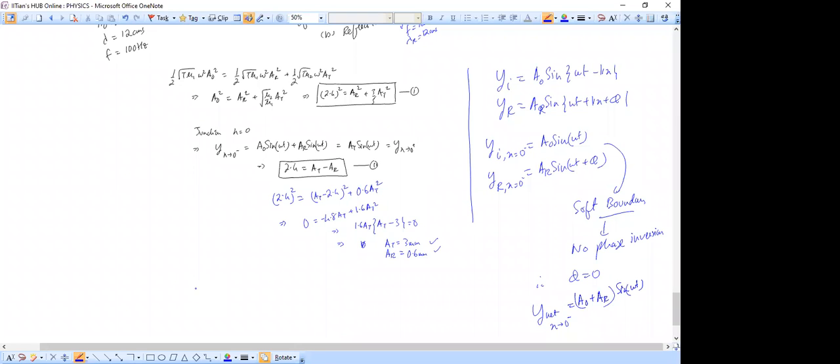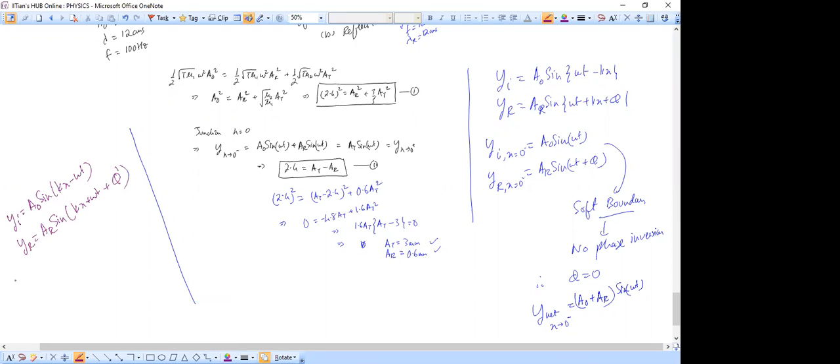Now, if you go by the other equation also, you will come to the same conclusion. If you write your incident wave as A naught sine kx minus omega t, then you have to write your reflected as A R into sine kx plus omega t plus some different phase constant phi prime, let's say.